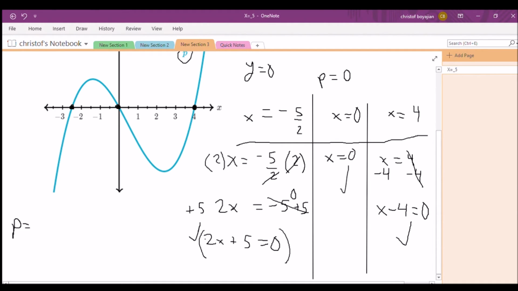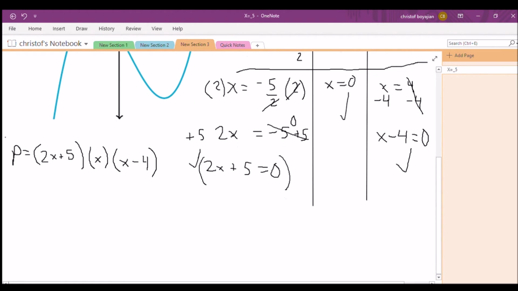So we multiply 2x plus 5, in parentheses, by x, and then by x minus 4. And so we can clearly see that this is our equation right here.